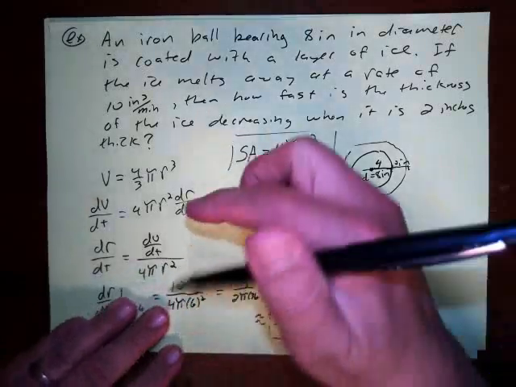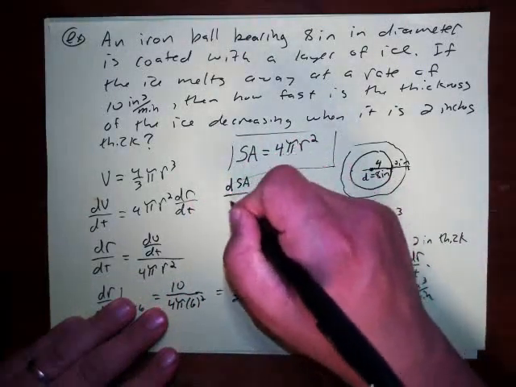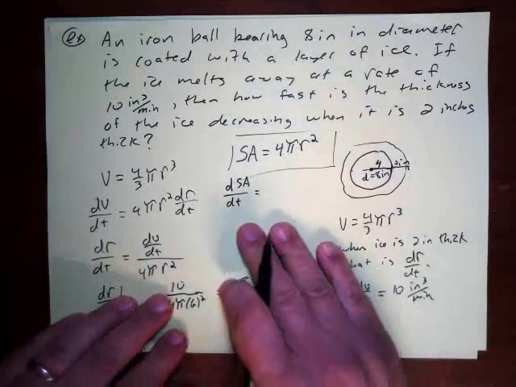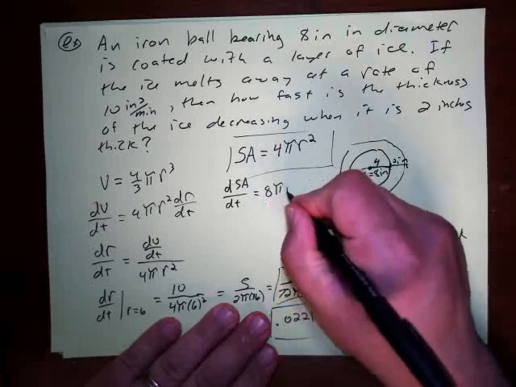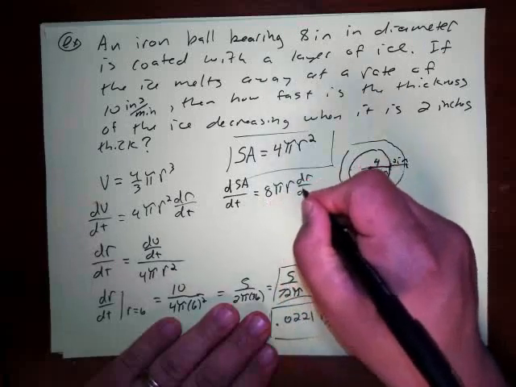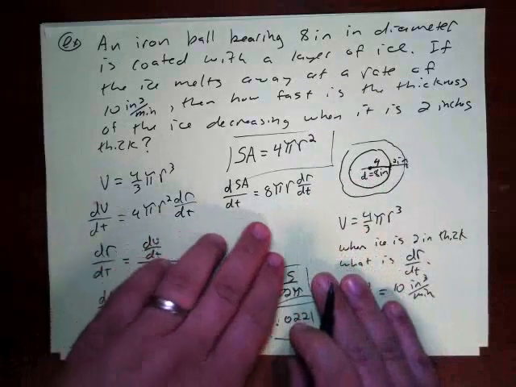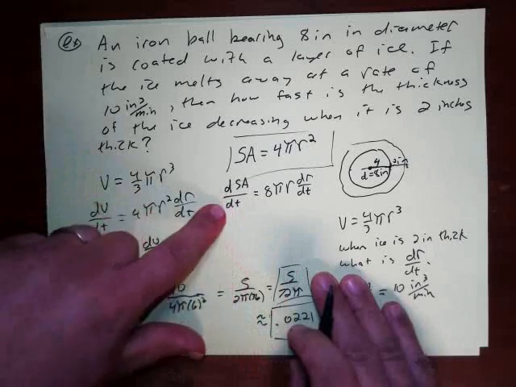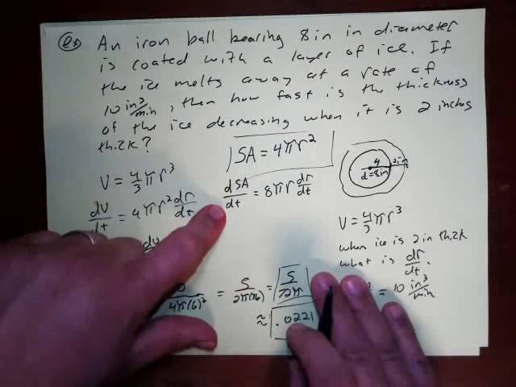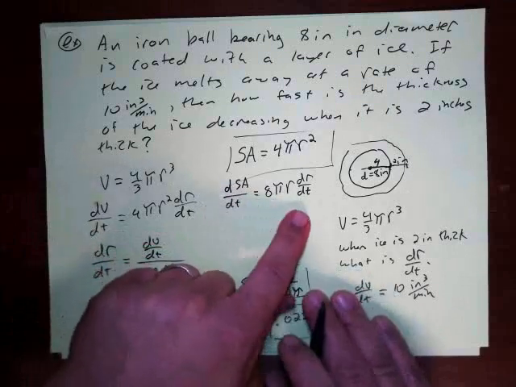I'm going to take this formula, and I'm going to take the derivative of both sides with respect to t. When I take the derivative of this, I get 8 pi r dr/dt. This is what I want to find, the rate of change of this surface area, right? So I don't have to solve anything here.